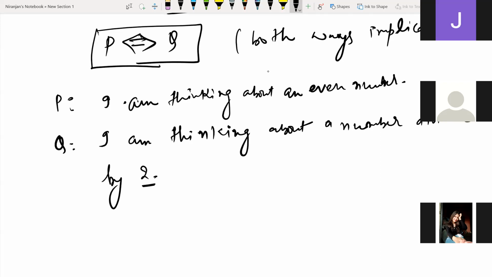What do you think? P and Q imply both ways, right? It does. So if you're thinking about an even number, that ultimately makes the statement Q true, because Q is talking about a number which is divisible by 2, and that is an even number, right?